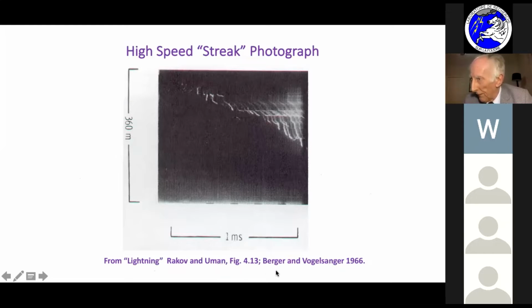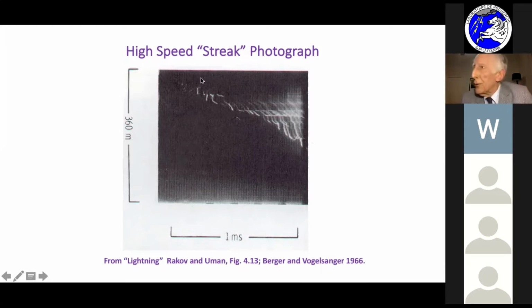It's a photograph taken by Berger and one of his associates at the San Salvador mountain in Switzerland in 1966. It's a streak photograph where instead of having a stationary film, the film here is moving very rapidly to the left. And it's very rapid in that it's gone this distance in 1 millisecond.